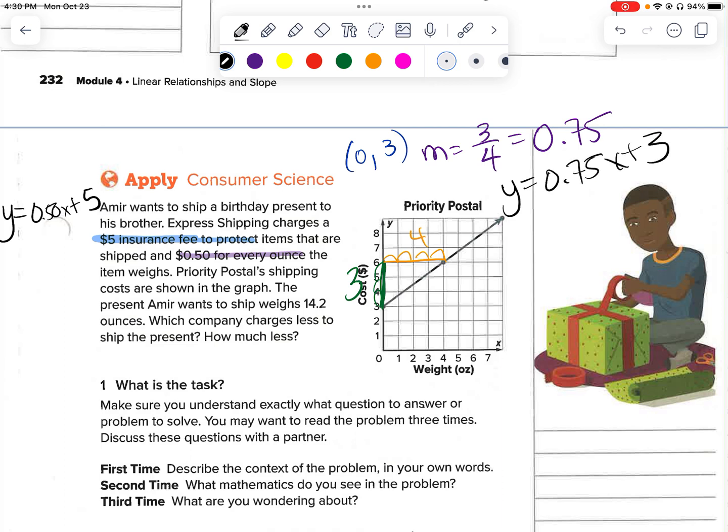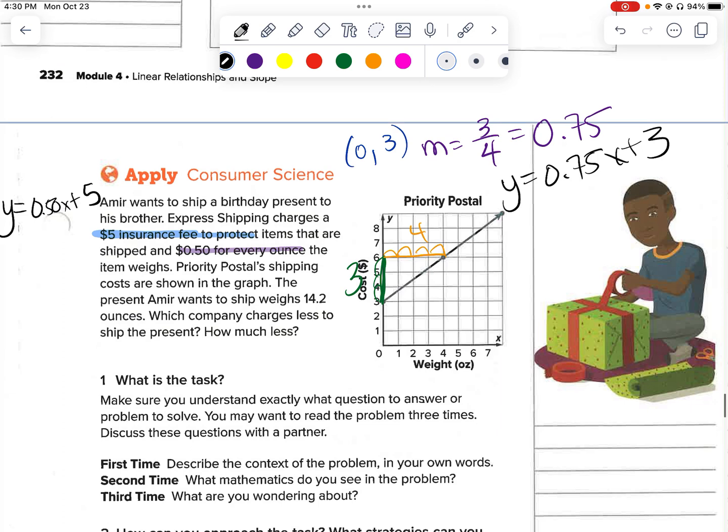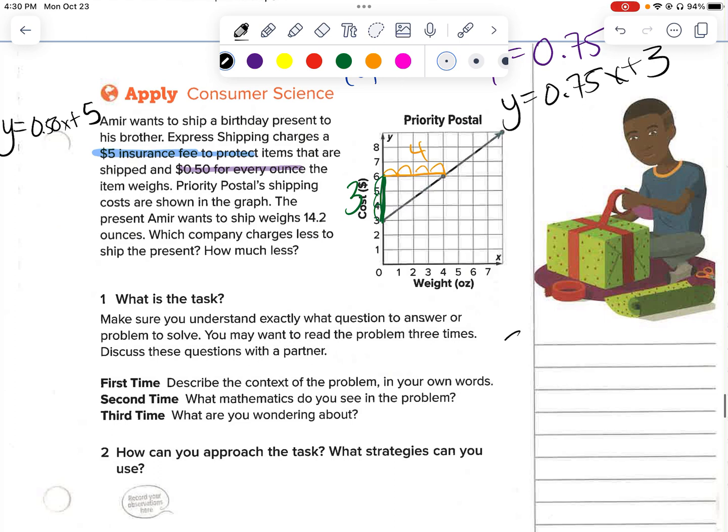Okay. The present Amir wants to ship weighs 14.2 ounces. Which company costs less to ship the present? So let's see. Express shipping is going to be y equals 0.50x plus 5.